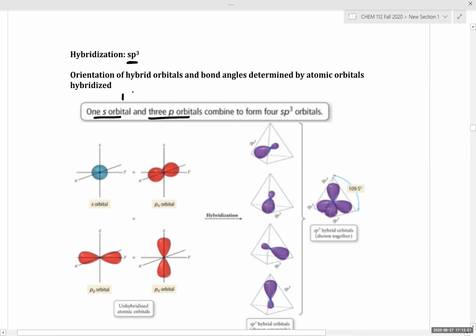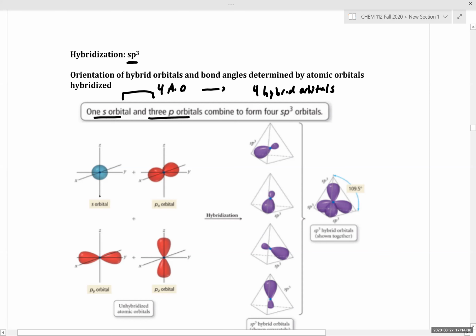We put in a total of 4 atomic orbitals, and in turn, we get out 4 hybrid orbitals. And as we can see, the position and orientation of each of these hybrid orbitals directly depends on the position and orientation of our atomic orbitals.